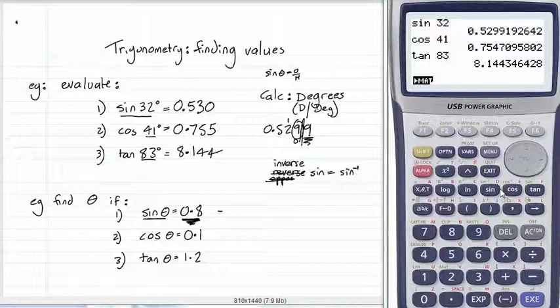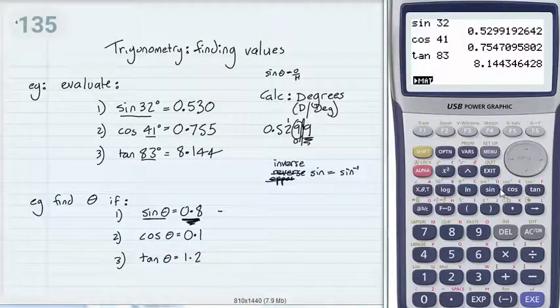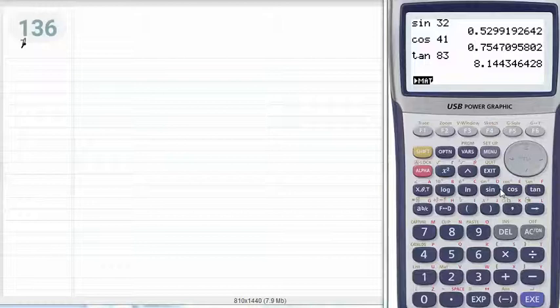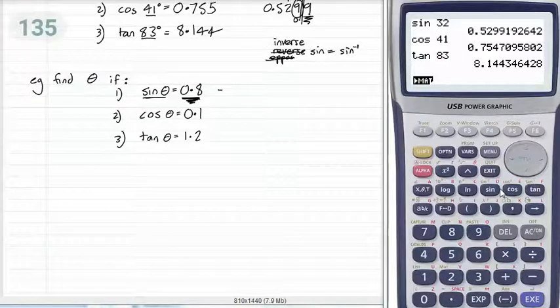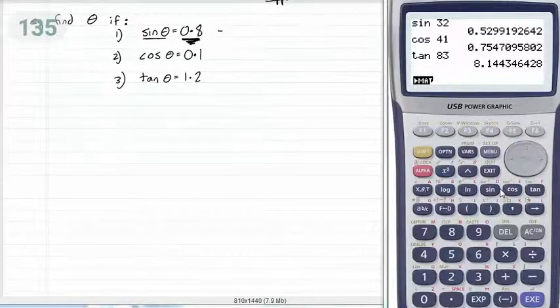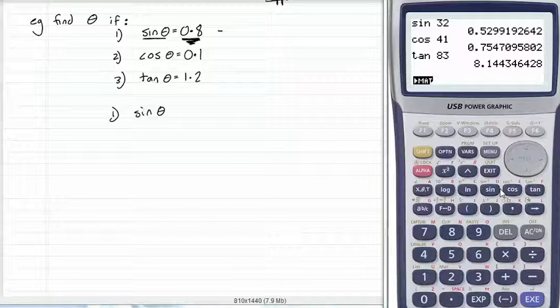Let's scroll down a little bit. Sorry, this might jump the page a bit. I thought it might. Scrolling down. So if sine theta equals 0.8, then theta on its own is reverse or inverse sine 0.8.